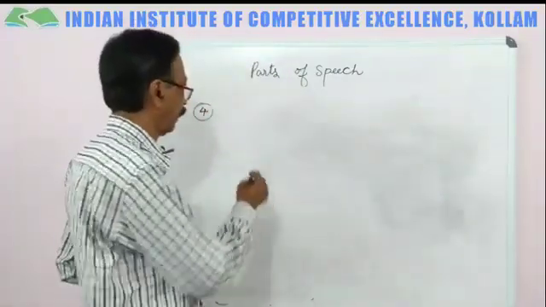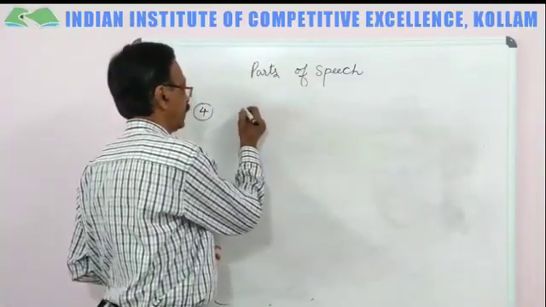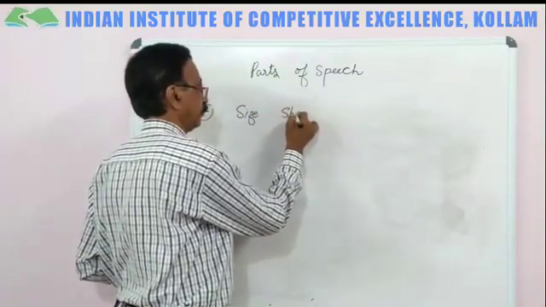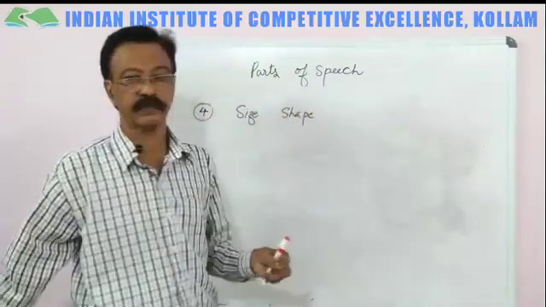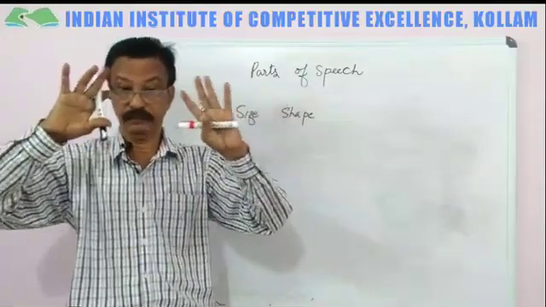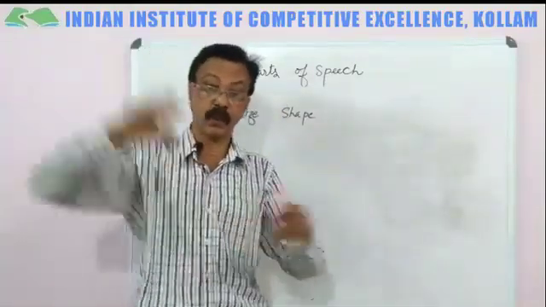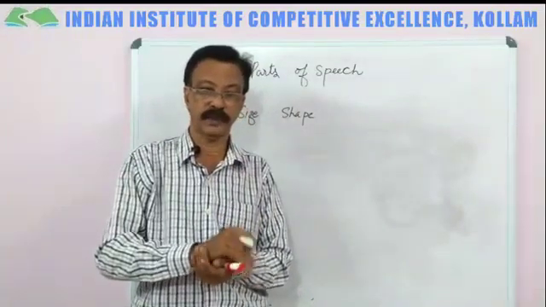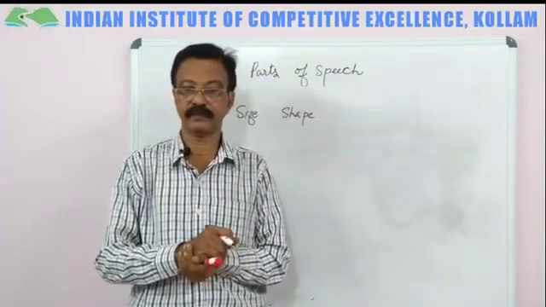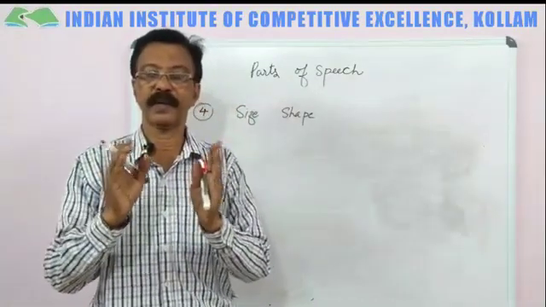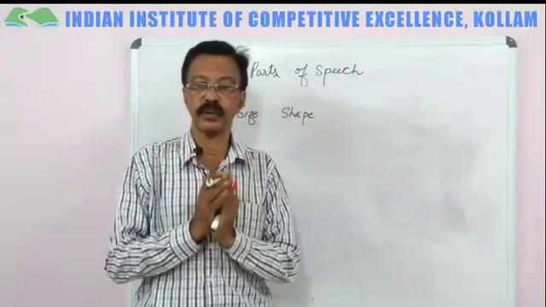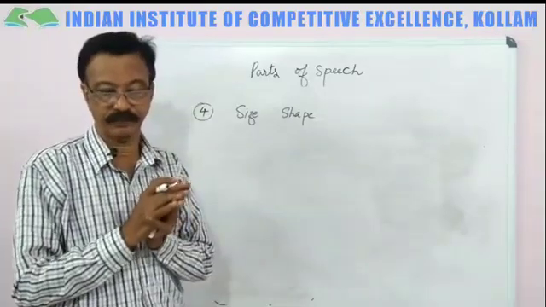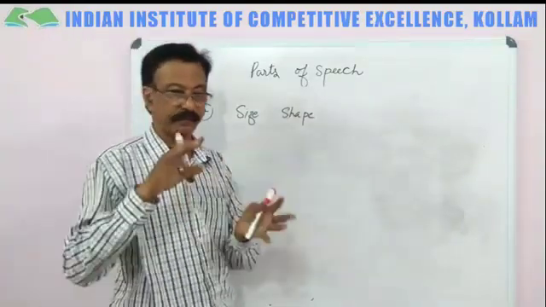I said, for this, size and shape. Size: big, long, small, dwarf. These are adjectives which show the size and shape.